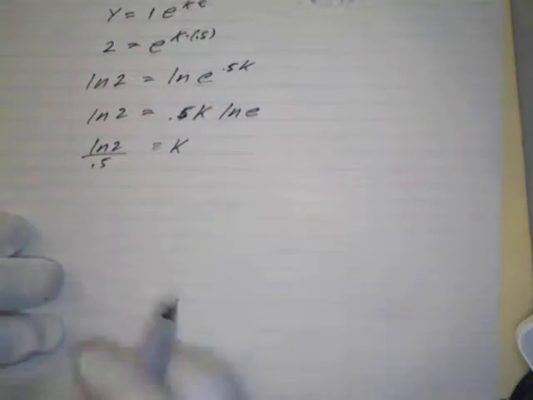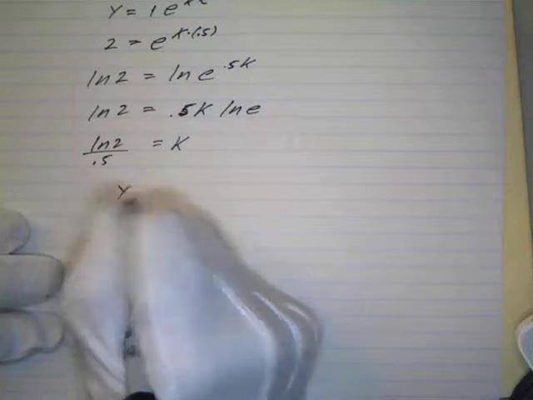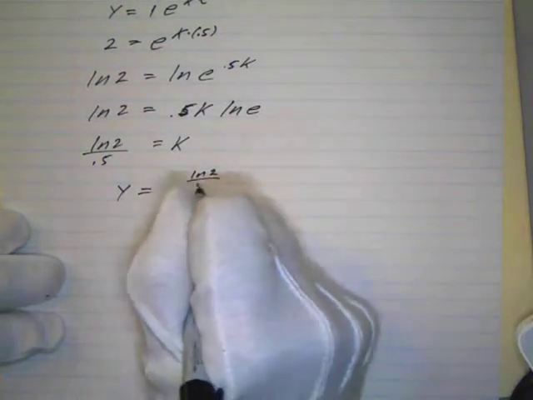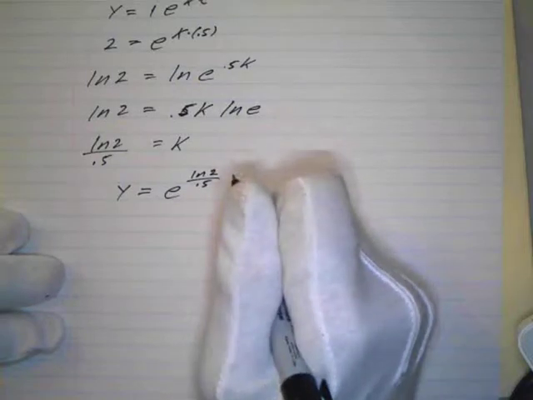I can put that in my original equation now. y equals, and remember my y sub 0 is 1, so that'd be e to the, and my k is the natural log of 2 divided by 0.5, and I can leave it like this, times t.